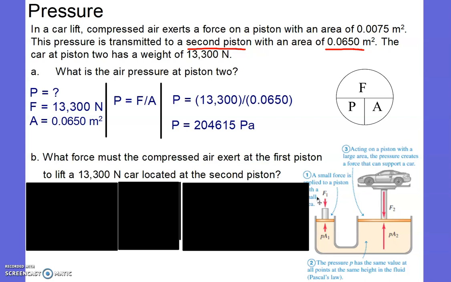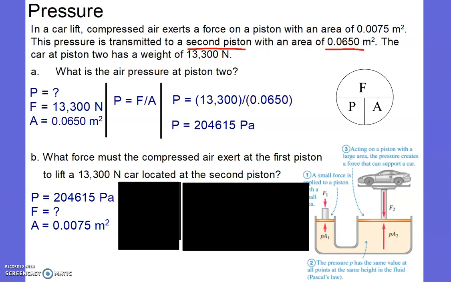Welcome back. What you should have is that the pressure, remember, is transmitted from the first piston to the second. So the pressures are the same. That is Pascal's principle. However, the area at the first piston is 0.0075 square meters. Now to get the force, we're going to multiply the pressure and the area.